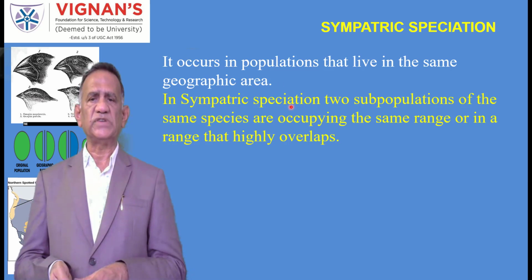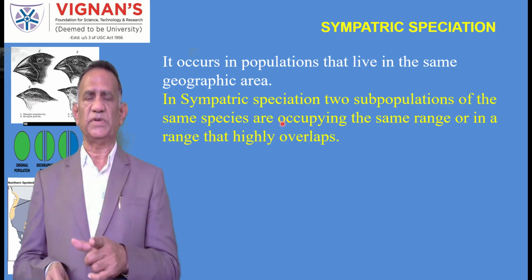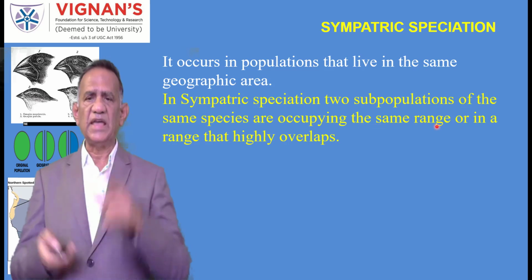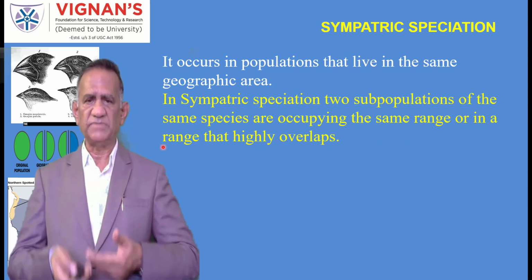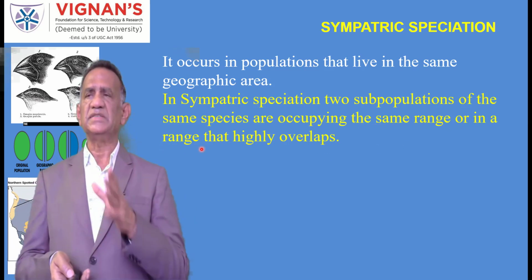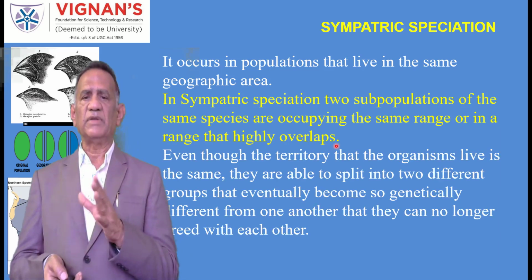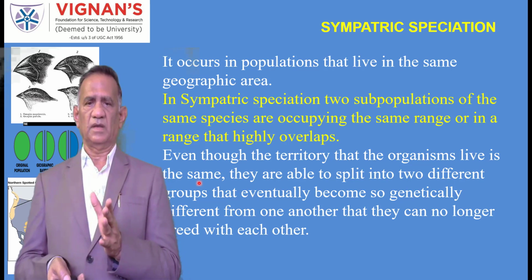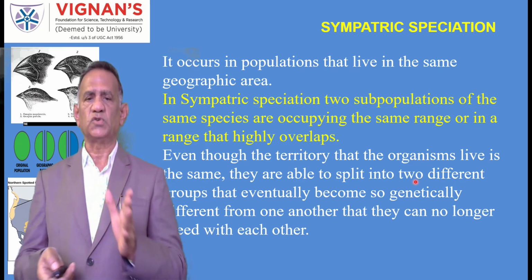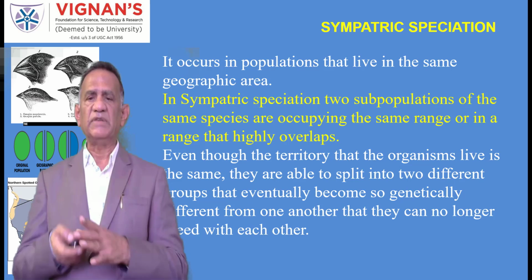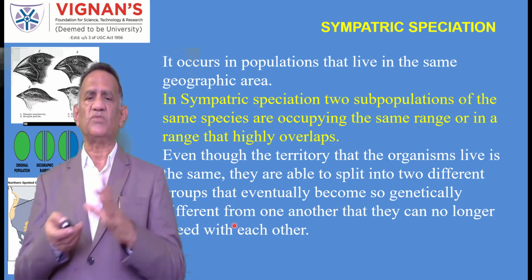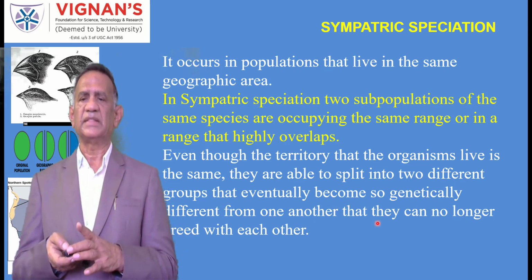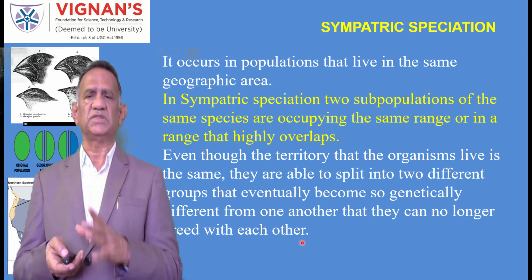In sympatric speciation, two populations of the same species occupy the same geographical range, or a range that overlaps. Even though the territory the organisms live in is the same, they are able to split into two different groups that eventually become so genetically different from one another that they can no longer breed with each other.